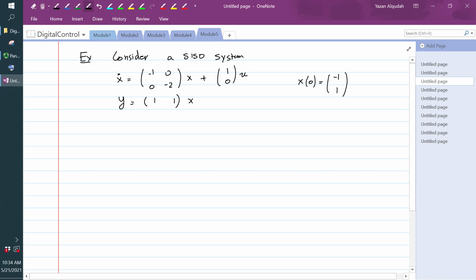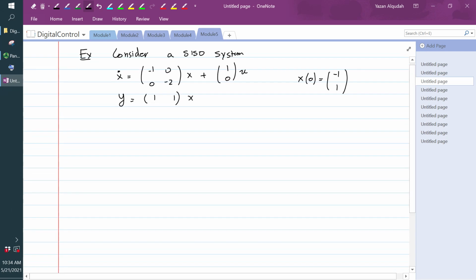Again, we will have D if the input is connected directly to the output. In most cases, the D matrix is equal to 0. But in case we have a system with this feed forward, we can accommodate it. Okay.